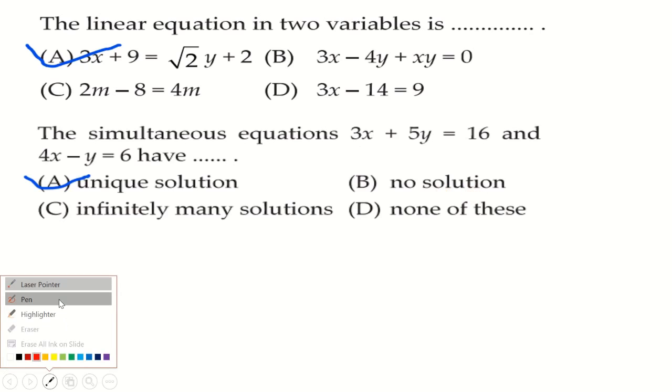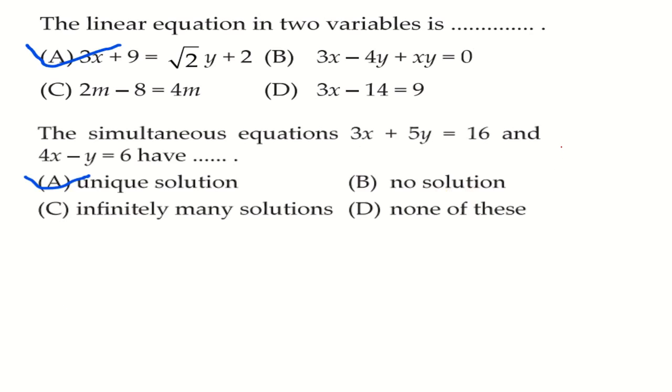See, you can write it like this. You have to draw the determinant here, and you want to find D. So you can write here 3 and 5, the two coefficients of x and y from the first equation, and here in the second row, 4 and -1.